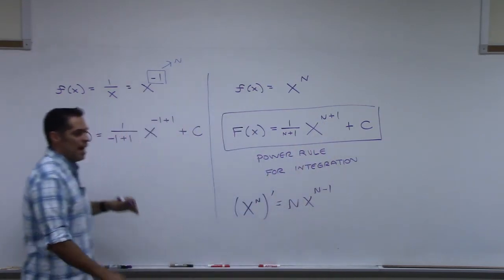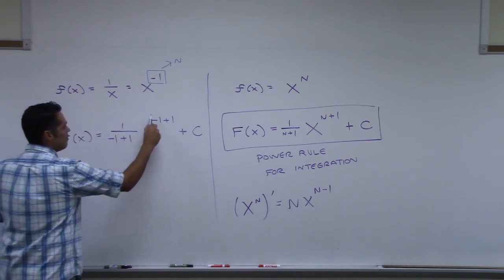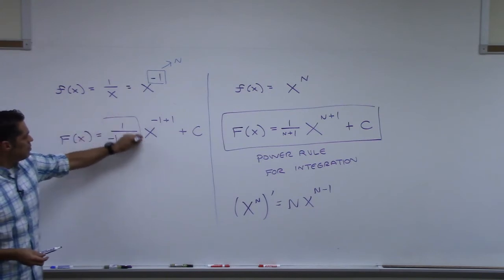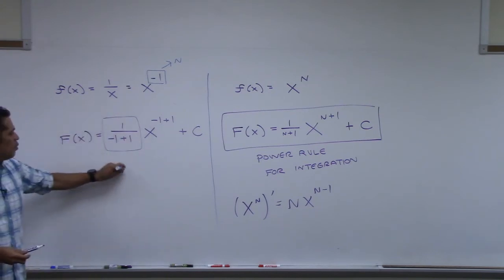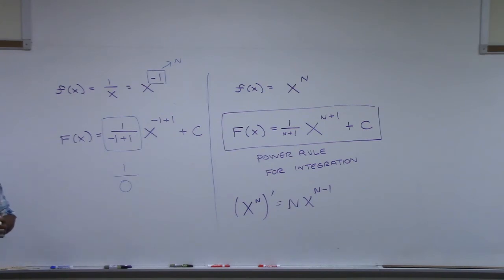Right? That's what would happen if I just replaced the n in the formula with negative 1. Yeah? What's wrong with that? That's 1 over 0, and division by 0 is not allowed.